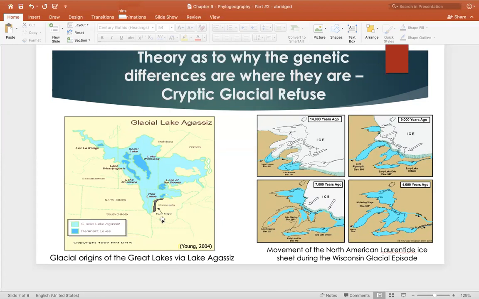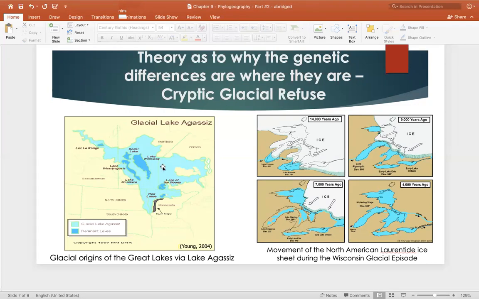It is suggested that this potential divide in a prolonged period of time could have resulted in why those samples found in the Matmagami River, tributary of the Great Lakes in Ontario, Canada, show genetic diversity in comparison to the rest of the organisms found within what will become the Great Lakes Basin. Now, as we can see here in this diagram, the light blue is representing the initial square footage of the Lake Agassiz, and the dark blue representing the modern lakes that are found in that particular area of Canada.